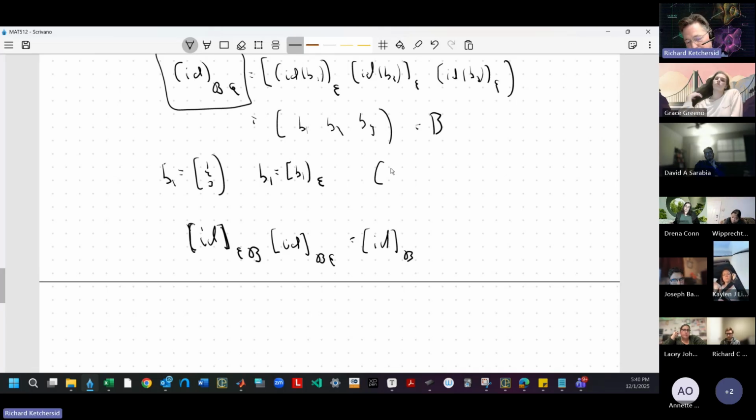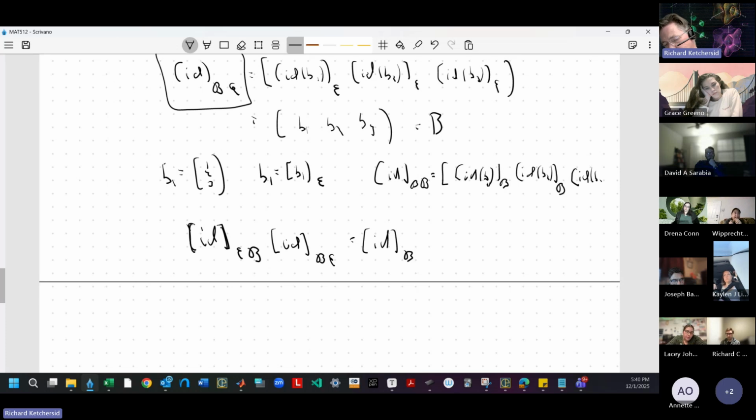Let's calculate it. When I write this, I mean B on both sides. So we're going to apply the identity map to B1 and write it down with respect to B. Then we're going to apply the identity map to B2 and write it down with respect to the basis B. And then we're going to apply the identity map to B3 and write it down with respect to the basis B. Well, what is the identity map on B1?